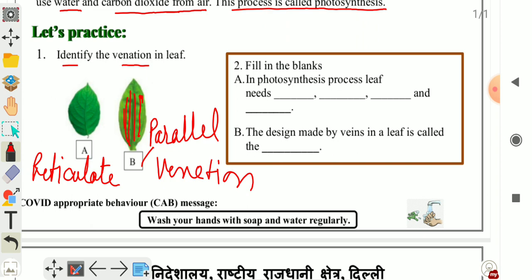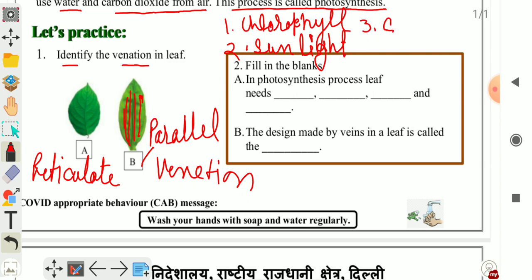Now fill in the blanks. In the photosynthesis process, the leaf needs, first one is chlorophyll. So you have to write first chlorophyll, second sunlight, third carbon dioxide gas, carbon dioxide, and fourth water.